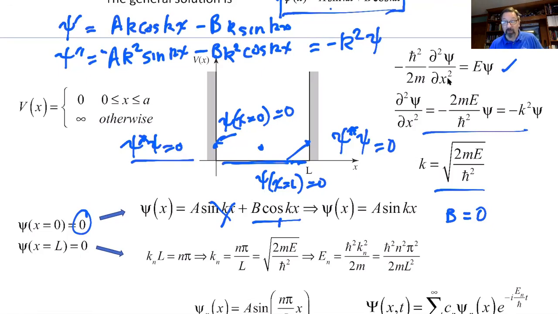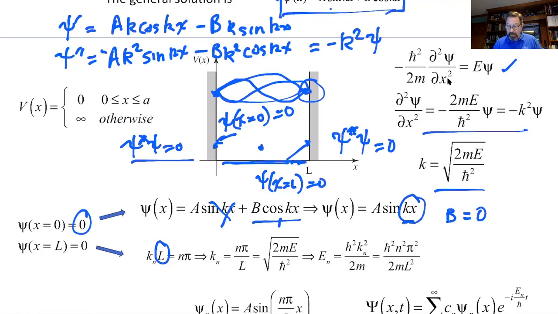So it has to be a sine function, and that kind of makes sense. Sines could conceivably have zeros at the two edges. But this far edge has some issues, because if I need a times the sine of k times x to be equal to 0 when x is equal to L, well, that only happens when k times L is equal to an integer multiple of pi.